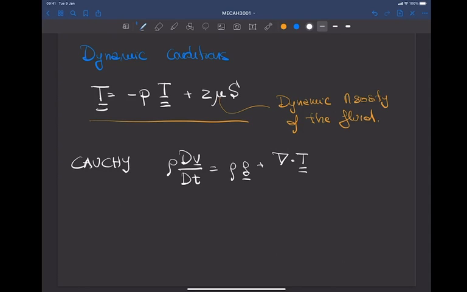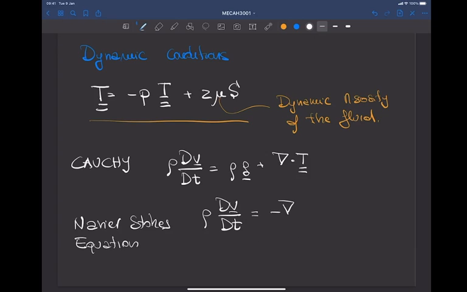You can write it in the following way, giving rise to what we call Navier-Stokes equations. So we write it like rho dv over dt equals minus gradient of p plus mu Laplacian of velocity plus rho g. Okay.